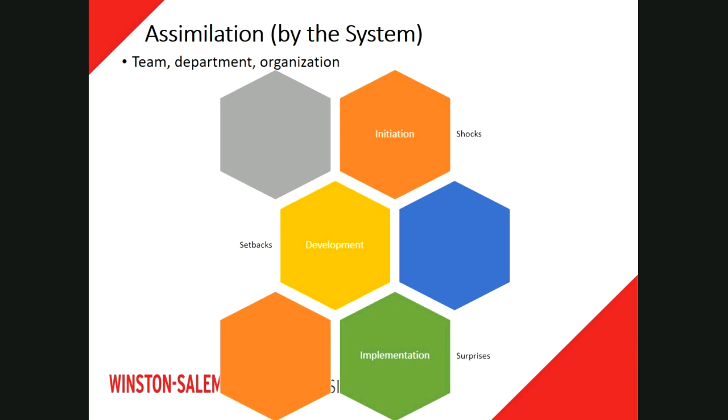However, within the confines of this lecture, assimilation is by the system and adopter is specific to the individual. So with assimilation, we're talking about the team, the department, or the organization, and understanding that assimilation is more of an acclimation, getting to know.